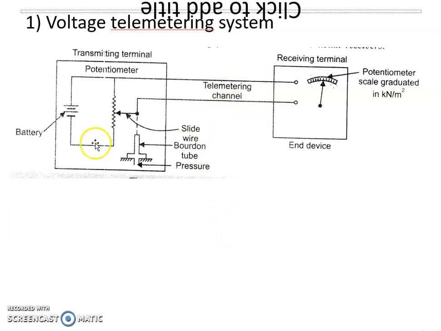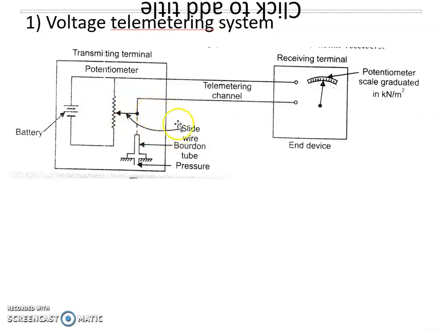So now let us see how this operates. With the change of applied pressure in the system, the Bourdon tube actuates the slider of the potentiometer. The slider moves across the resistance, and because of this the voltage across the potentiometer changes.